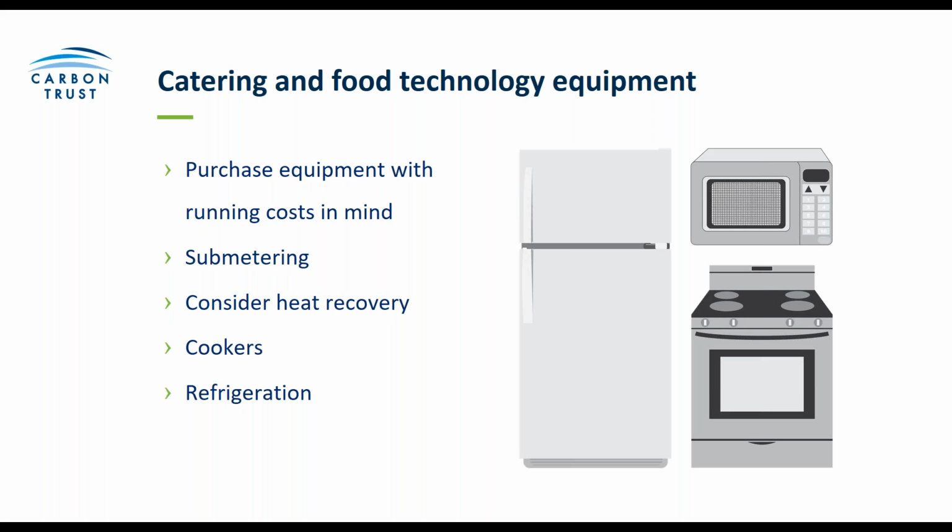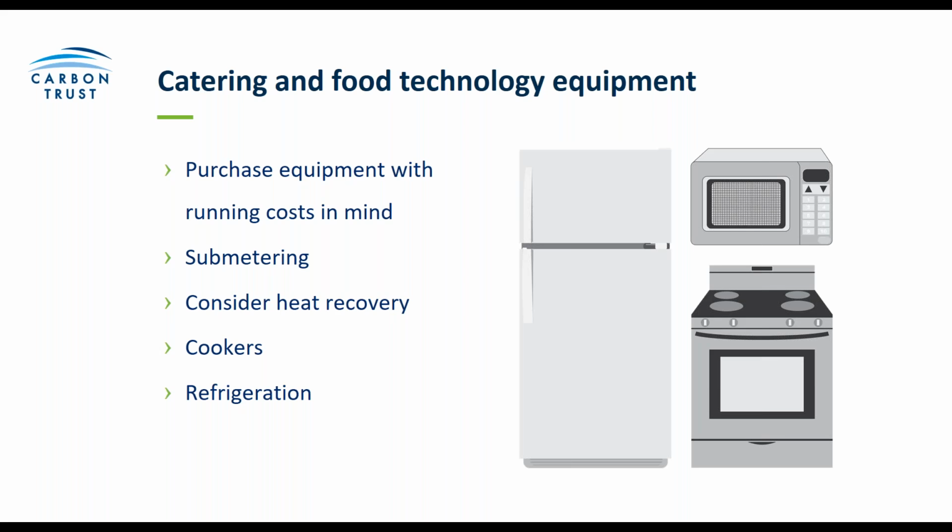So if there are particular areas that you want to submeter, for example the kitchens or any food technology equipment that you are aware of is quite heavy on the consumption, then submetering would allow you to carry out a bit of analysis on your breakdown of energy consumption across the site and pick out areas where you would want to focus your attention.